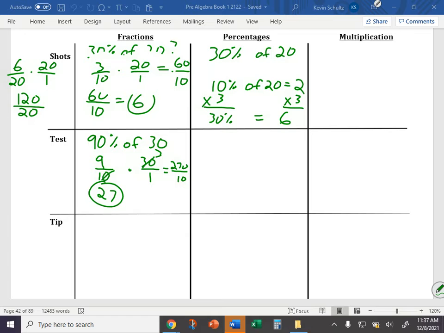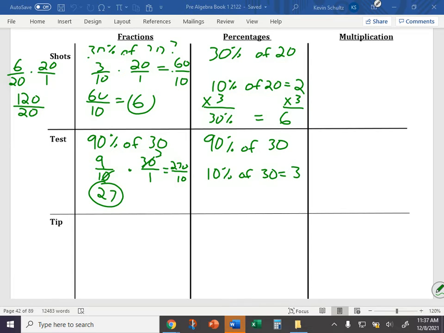So for the next one, where it's 90% of 30, again, because that 90 is such a round percentage, it's a multiple of 10, I'm going to break this down to 10%. What's 10% of 30, or what goes into 30 10 times? 3.